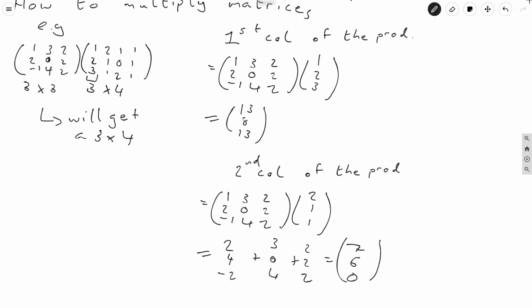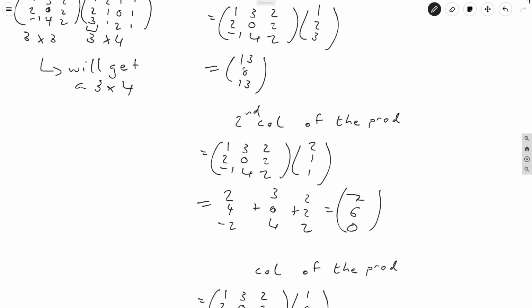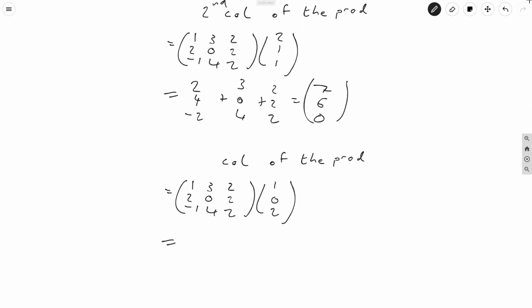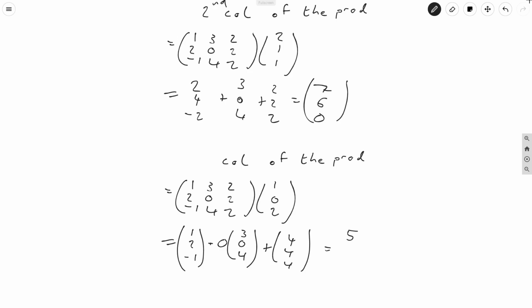We're looking for the third column now, so we look at the third column of the right matrix. And again, it's very easy. It's just 1 times the first, 0 times the second, so we can put in 0 times 3, 0, 4 here. This will come out to be 0. Plus 2 times the third, 2, 2, 2. What does this equal? 5, 6, 3. And that's our third column.